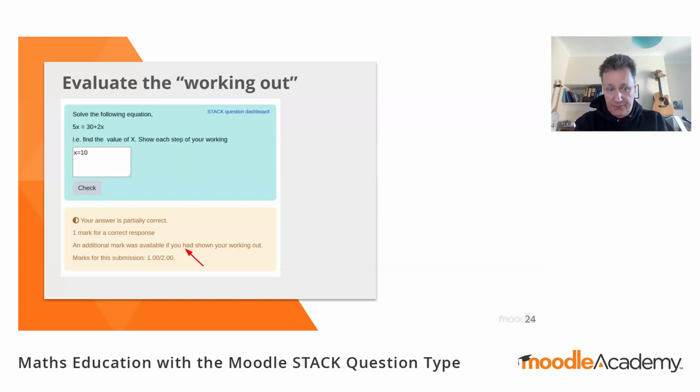Okay. Now, you can tweak the kind of feedback that you get to your heart's content. You can also get the feedback so it fits in with the display there, just underneath the check button. And note with the check button there that because Stack is a standard Moodle question type, you can use all the available question behaviors. So the one that I've been using mostly for this is, I can't remember, it's the one where you can have as many attempts as you like, and it doesn't deduct any marks.